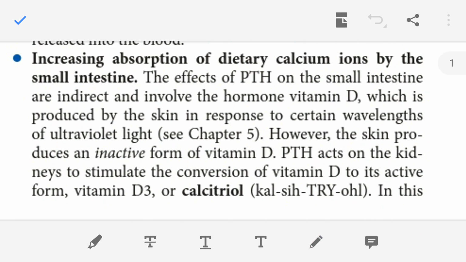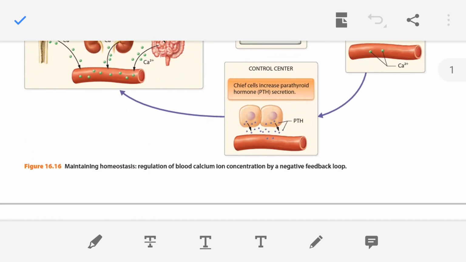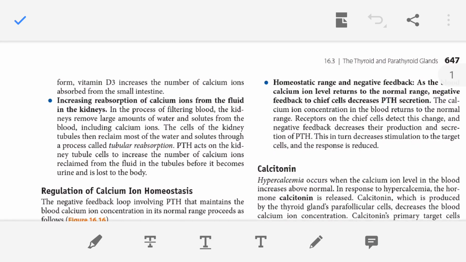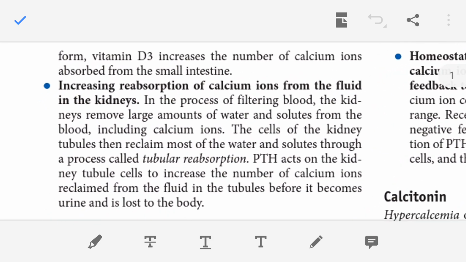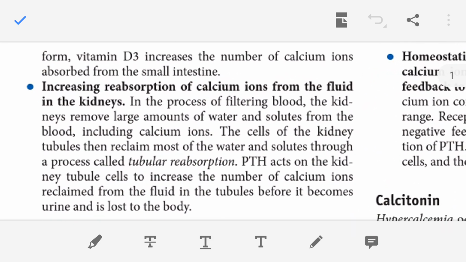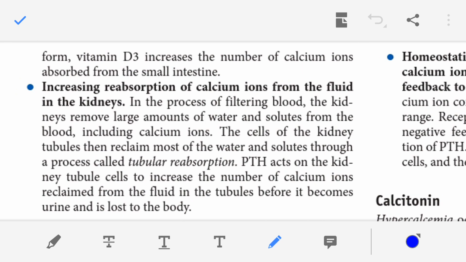Okay, and in this activated form, vitamin D3 affects the small intestine cell. So the cells of the small intestine now are absorbing the calcium ion from the food.